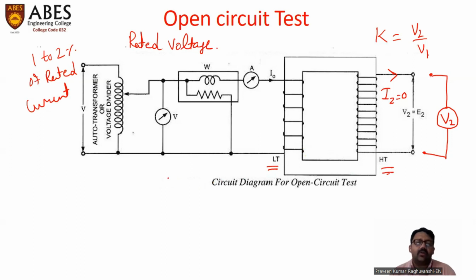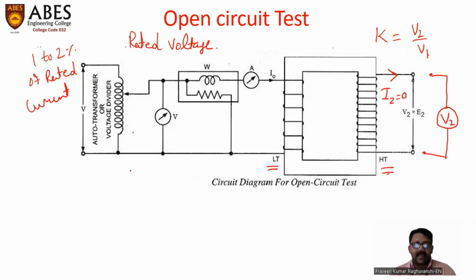First reason is that this test is conducted at rated voltage, and on the low voltage side the value of rated voltage is small. So if we conduct the open circuit test on the LV side, we operate at a lower voltage, which means we need equipment of lower voltage ratings.